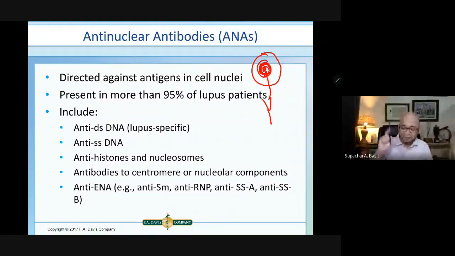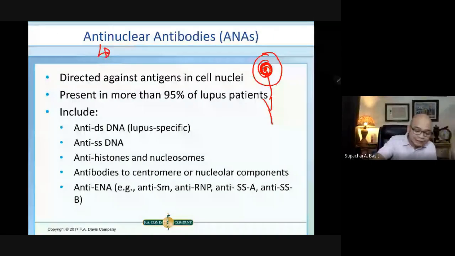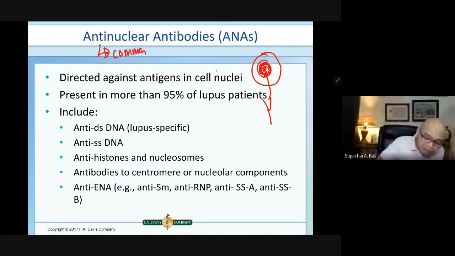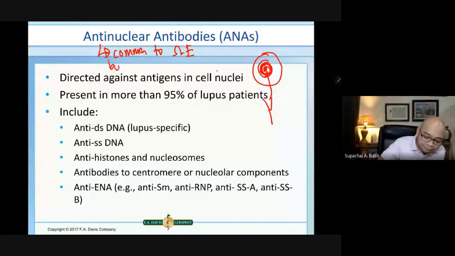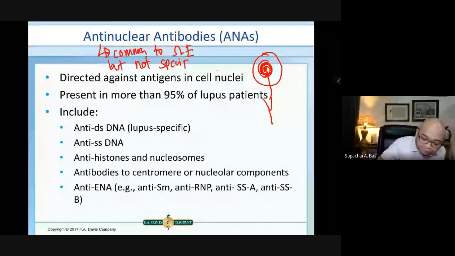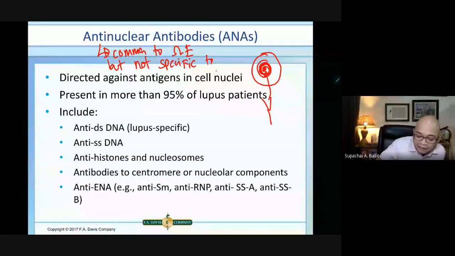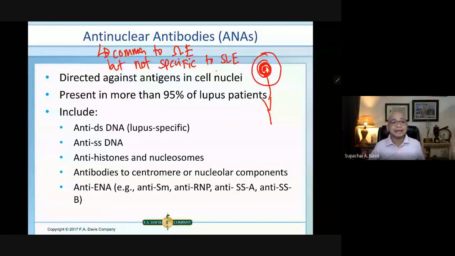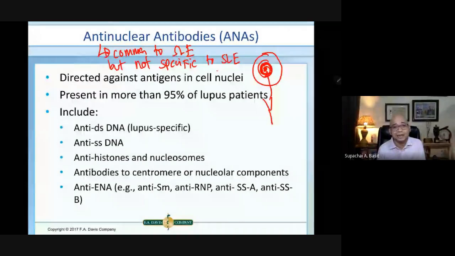However, anti-nuclear antibodies are common to SLE, but not specific to SLE. So this is what you need to remember, okay? It is common to SLE, but it is not specific to SLE.